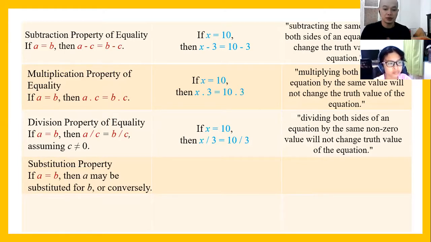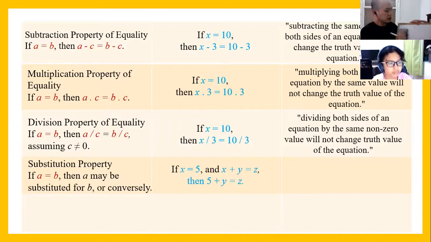So you can substitute the value of A for B or B for A. All right, for example, if x is equal to 5 and you have an expression x plus y is equal to z, since x is equal to 5, substituting the value of x with 5 will be the same.